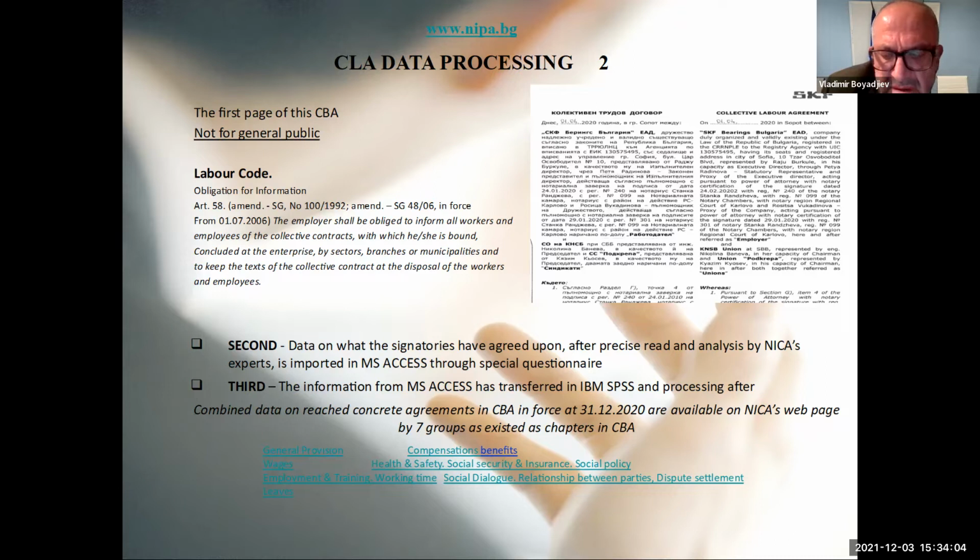And the third step is that the information will be transferred into IBM SPSS for the procedure of analyzing, and some structure and analysis reports, etc.